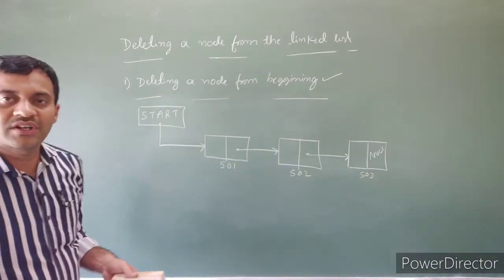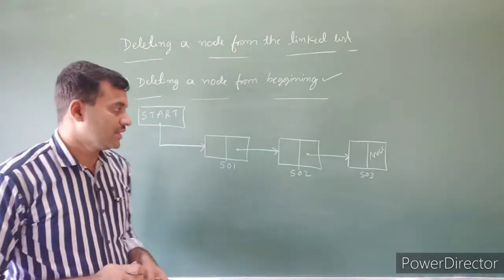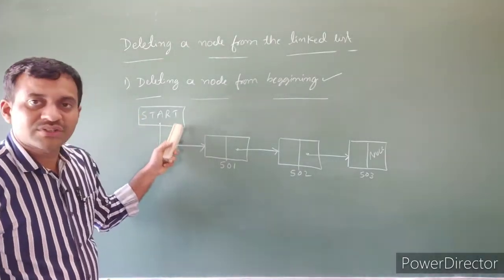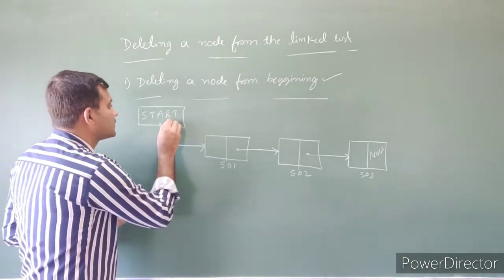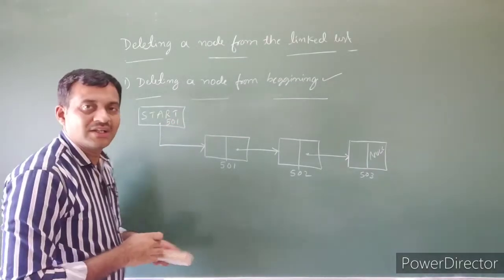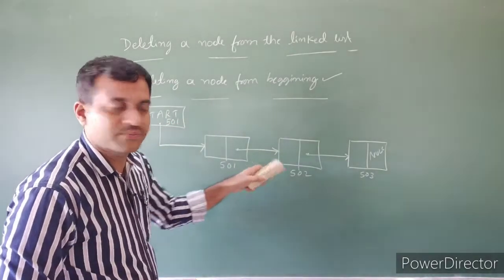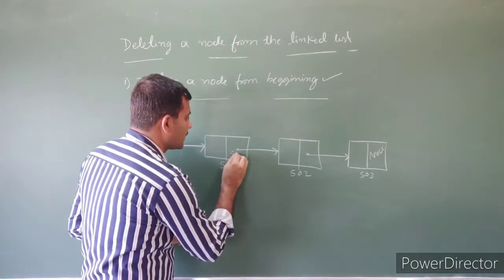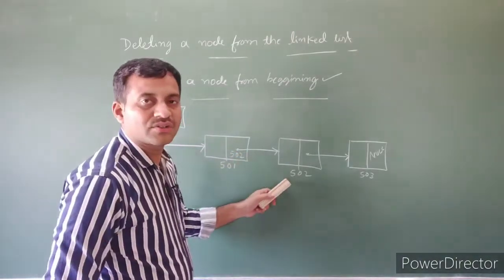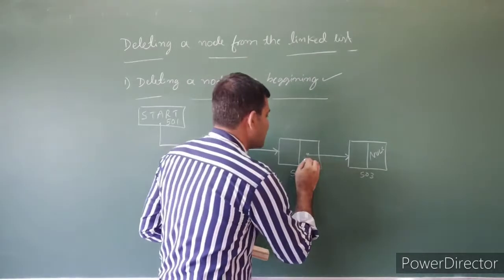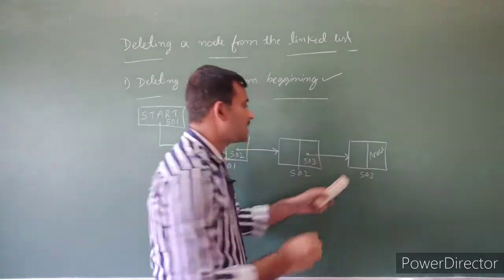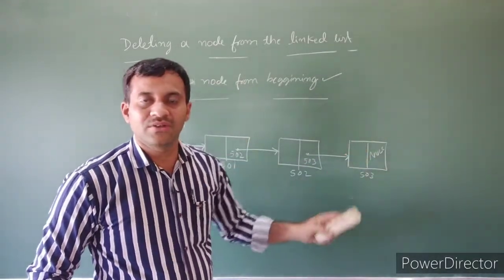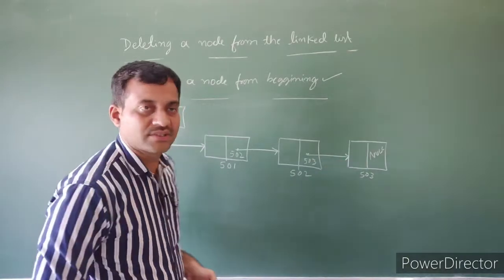These are the memory addresses of each node. Then start stores the address of the first node, that is 501. The link part of the first node stores the address of the second node, that is 502. The second node stores the address of the third node, that is 503. The last node's link part stores the null value, which is the end of the linked list.